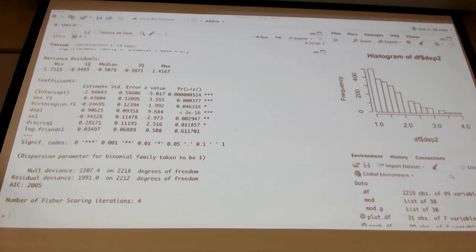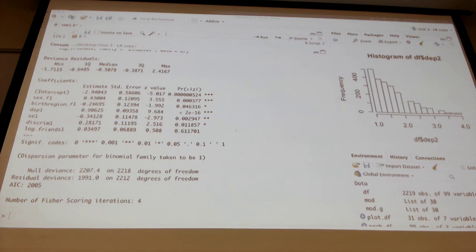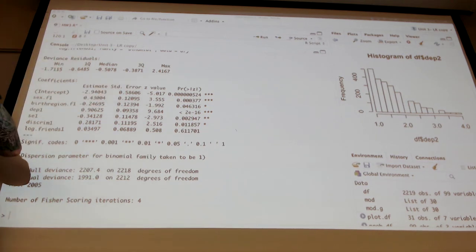Oftentimes, if you're dealing with really complex models where there are a lot of different pieces it's having to predict, that's where you can deal with convergence issues. From either Patrick's class or if you took Bill's MLM, we talk a little bit about convergence because in the generalized linear model you have to add controls and tell R how many iterations you want it to have.